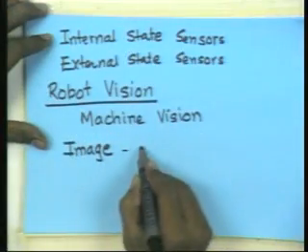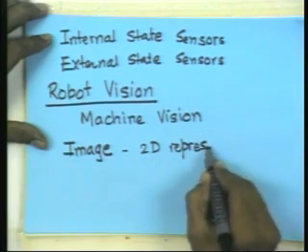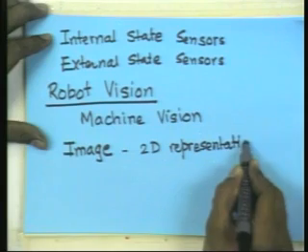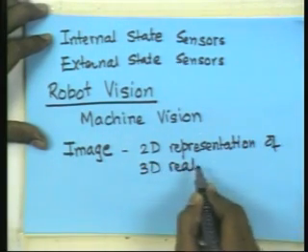An image is at one instant the representation of the world. So, you can take images at intervals of time. So, you can have one image or multiple images, and from that image if you try to extract out information about the real world, then we will call that image processing. So, image, as I said, is basically a 2D representation or reflection of the 3D real world.